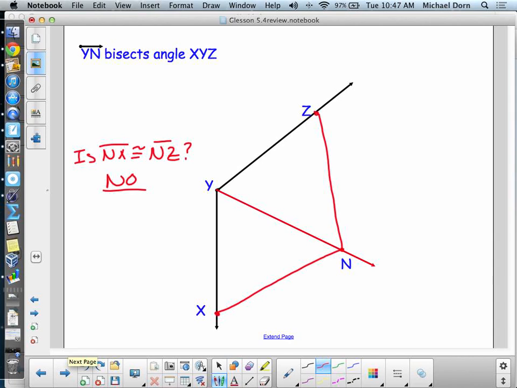Now, if I drew in segments that were perpendicular to the sides, whoops, that one not so much. Undo. Perpendicular to the side. Those two segments, NA will be congruent to NB.